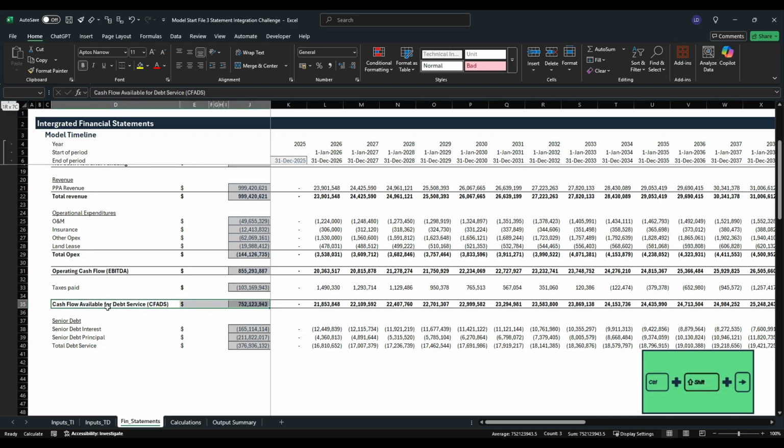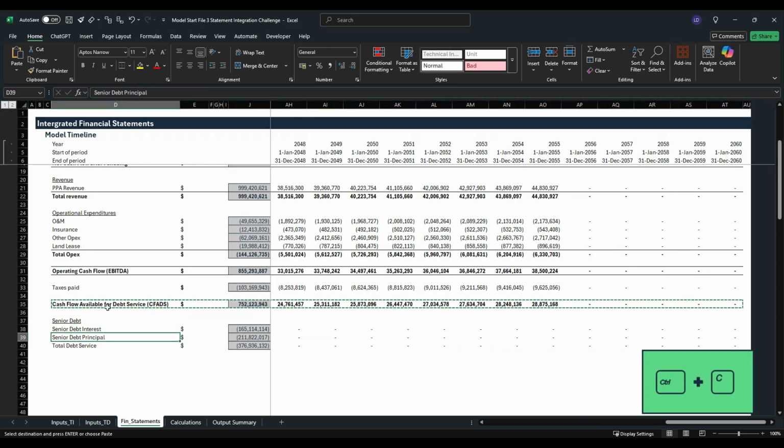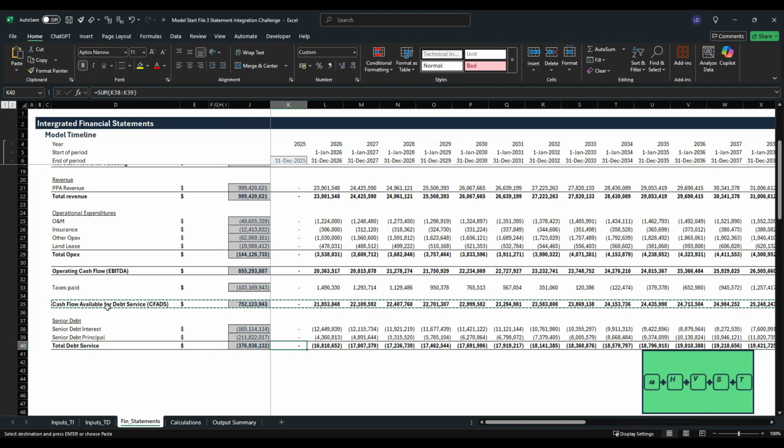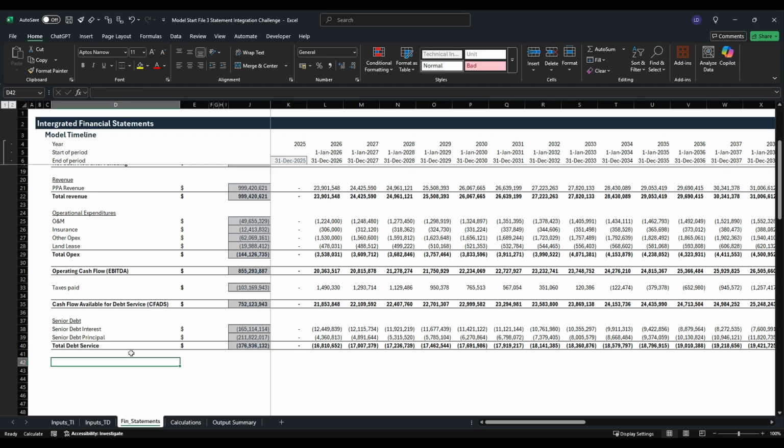And let's finally pick up this formatting here, Alt-HVST. Great. So we can see that out of $750 million CFATs, we will pay roughly or pretty much precisely half of it to the bank, which should leave us with almost the same amount of money available to our equity investor.